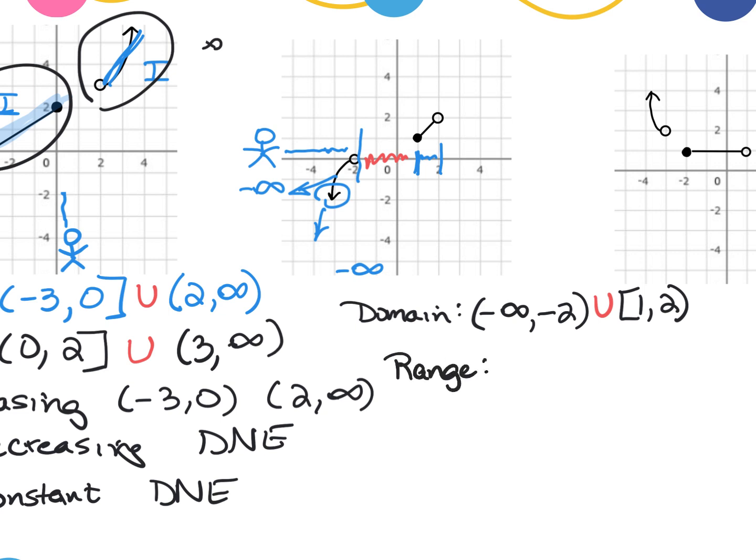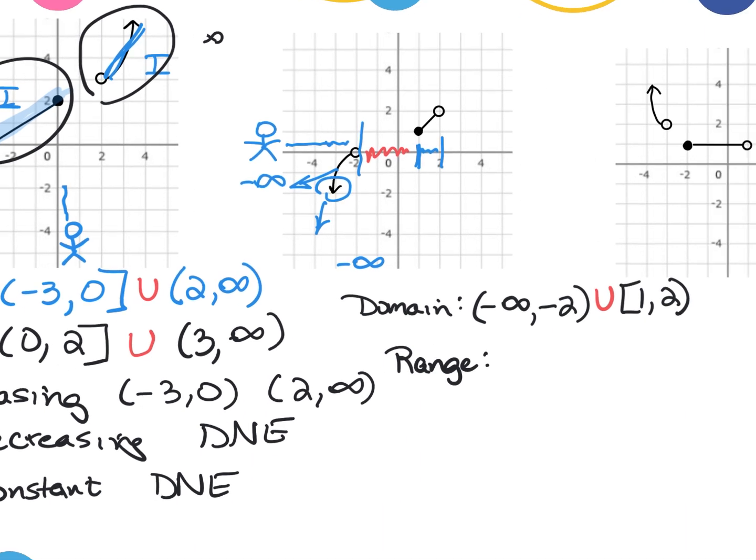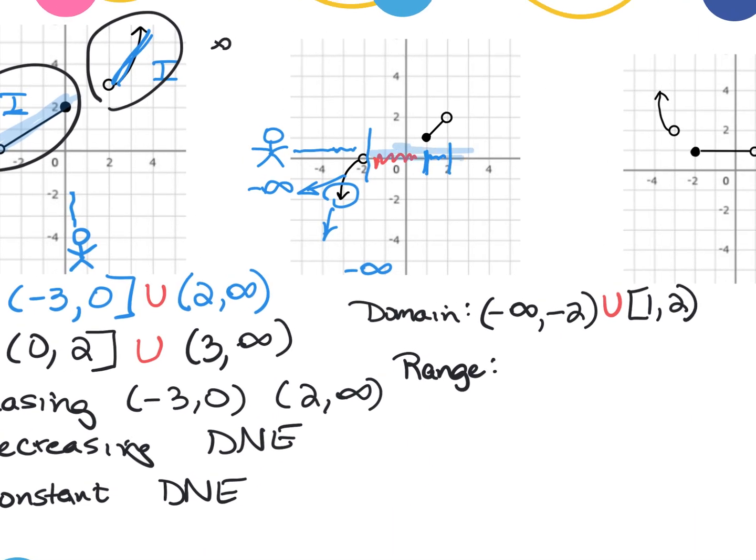Now we're going to do the same thing, walking from bottom to top. So for the range, go ahead and erase. Okay, so the first thing I'm encountering as I'm walking up here is this arrow over here, and it's pointing to negative infinity.